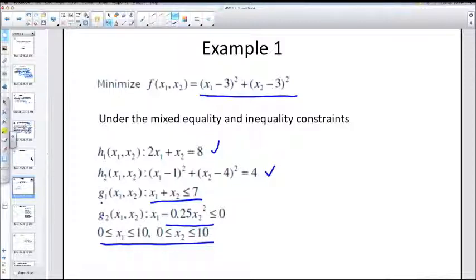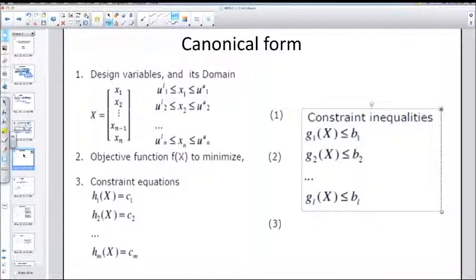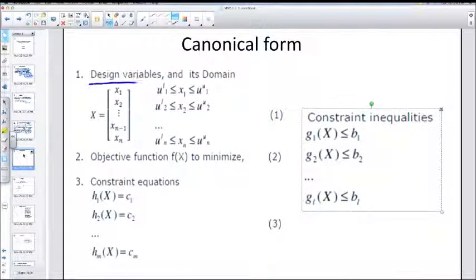So let's get back to the canonical form. How should we write those problems? Well, to solve an application problem, step 1, you identify all the design variables. Sometimes we also call them control variables. Those are the variables x, y, z for the AUV navigation problem.